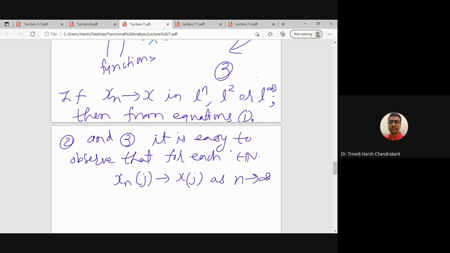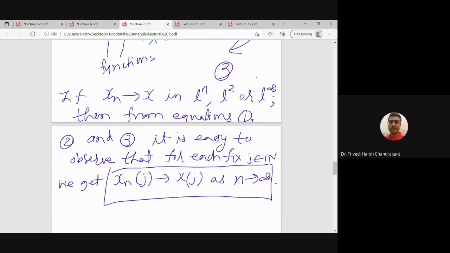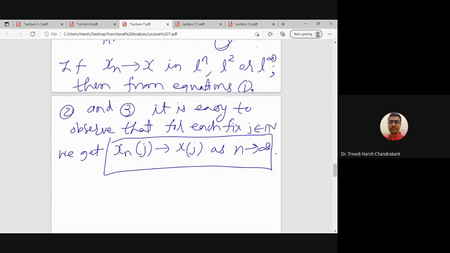For each fixed j belongs to N, we get this. So is it clear that if we take equation 1, then we can show this? For example, x_n^1 converges to x_1 as n tends to infinity.